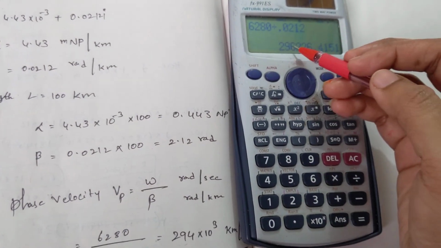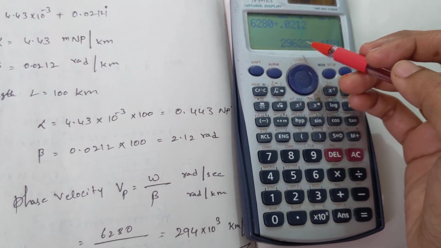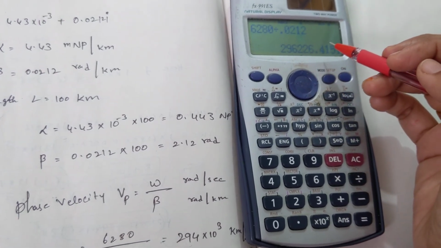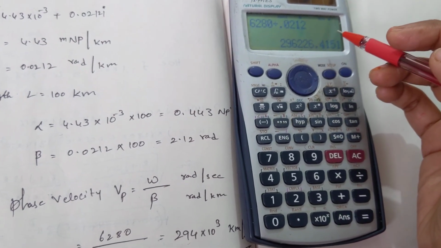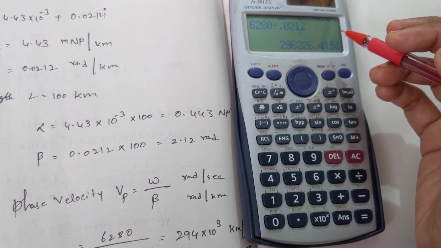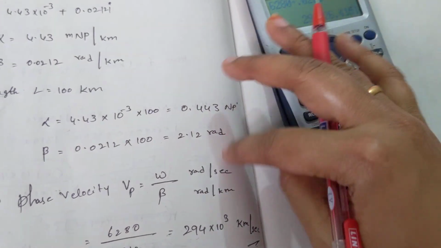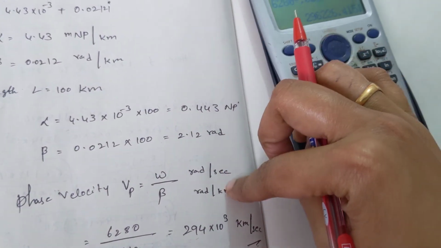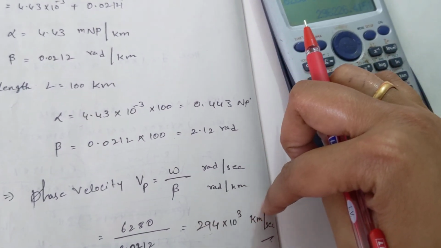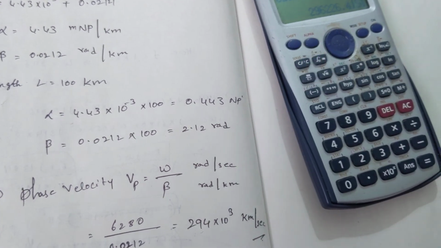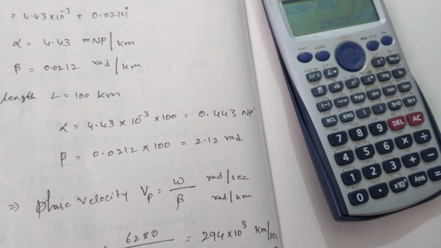So it is around 296 into 10 power 3. Can I give it in kilometers per second? From the equations I can get phase velocity in terms of kilometers per second. Okay, so thank you. Hope you may understand.